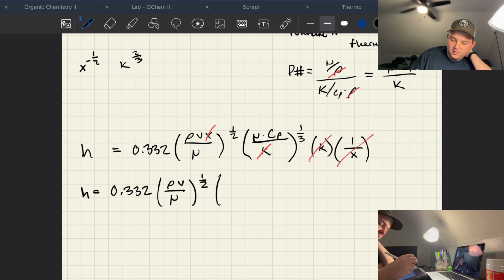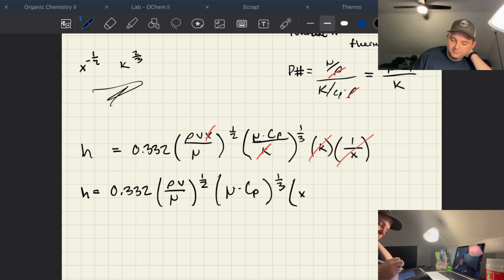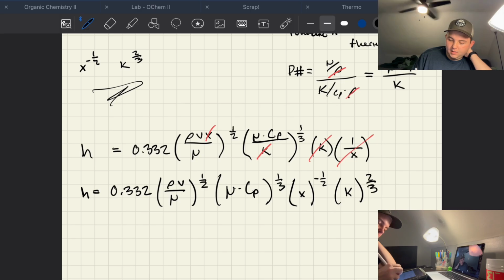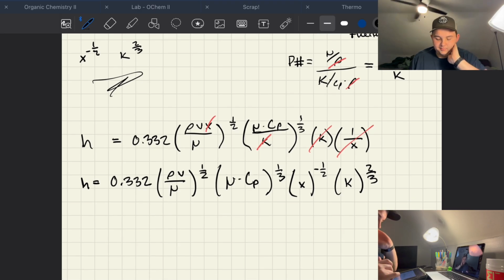We don't need the denominator anymore because we got rid of k. Then you add our new values up here: x to the -1/2 and k to the 2/3.